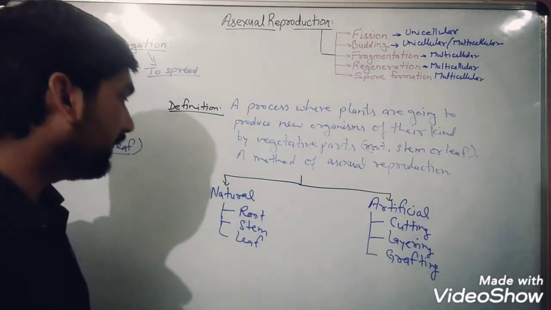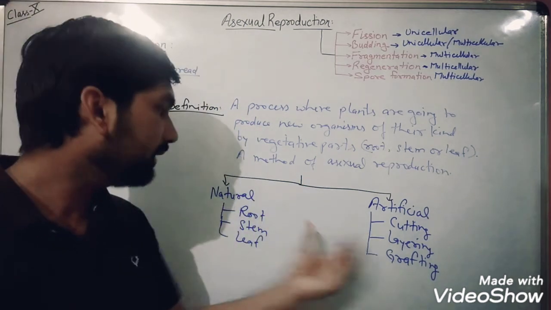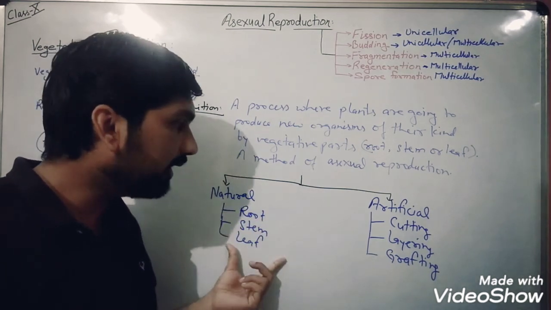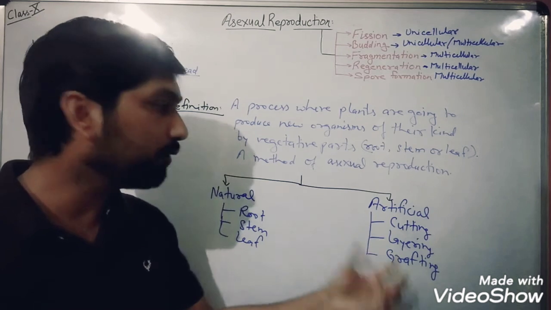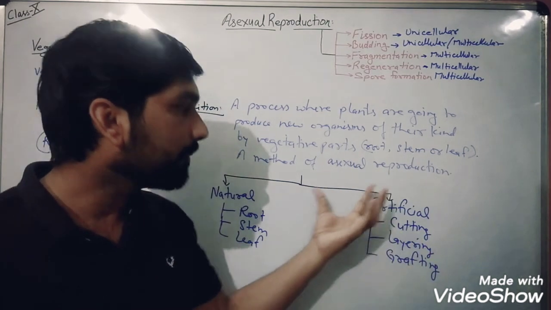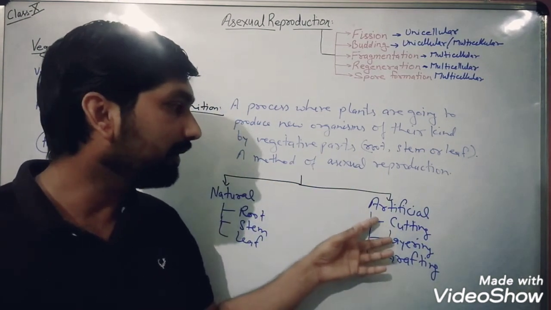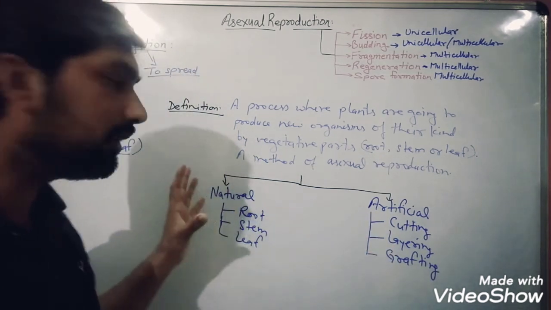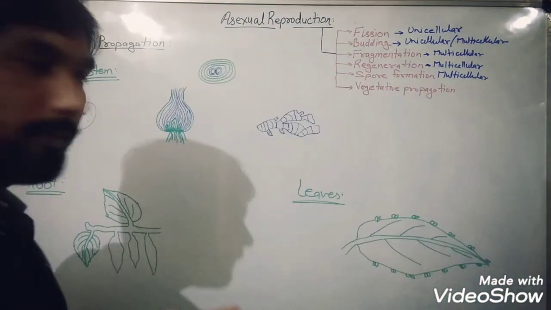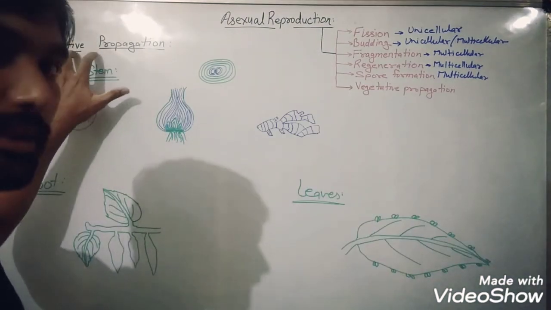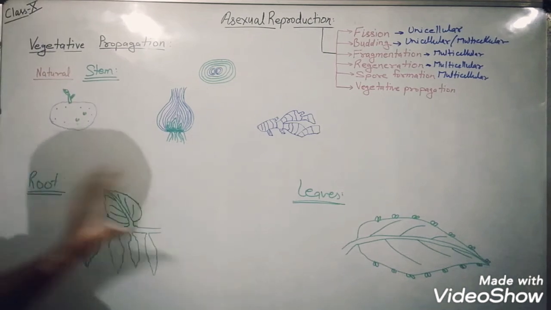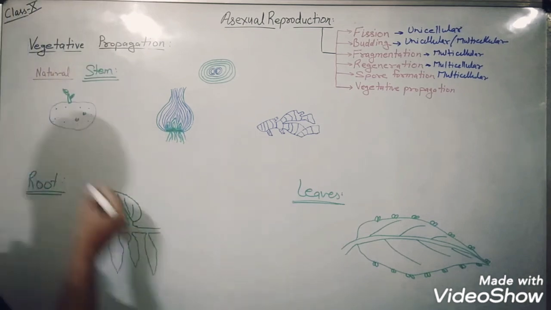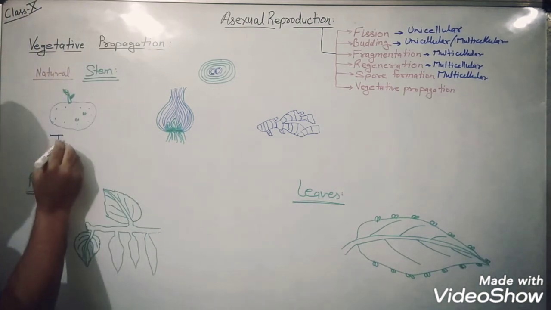So we have to discuss these natural and artificial methods, how plants produce new organisms with the help of root, stem and leaf, and how we humans create some changes in vegetative propagation artificially, like cutting, layering and grafting. So let's start from the natural method. Natural vegetative propagation can be done by the stem, root or leaf, and we know the modifications in the stem, that a few of the stems are known as what? Tubers.